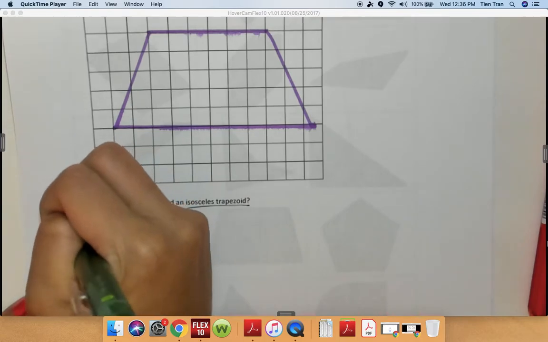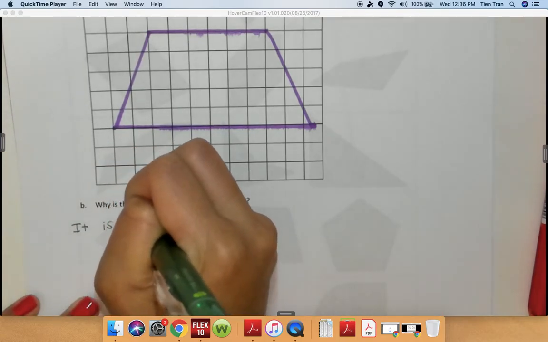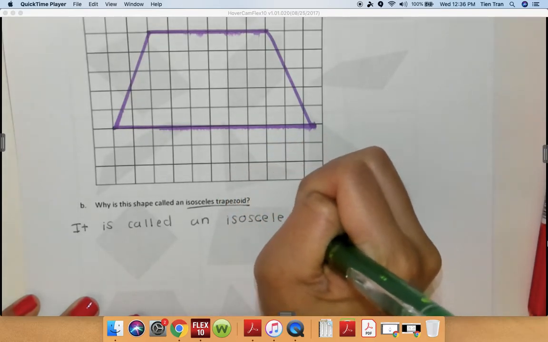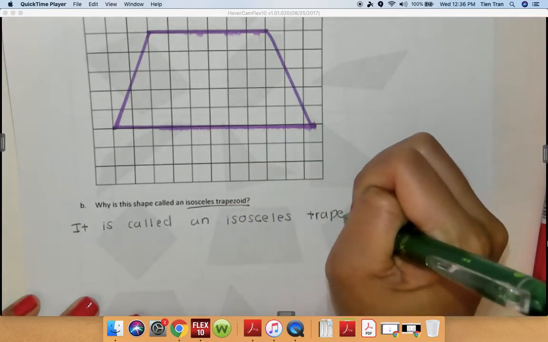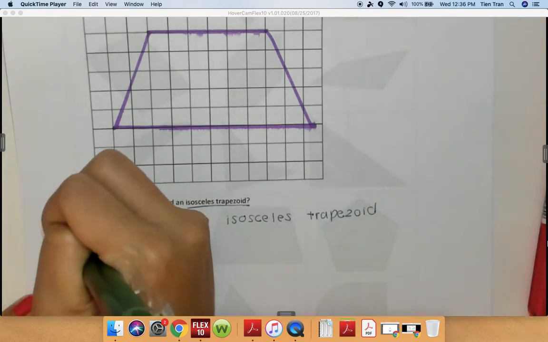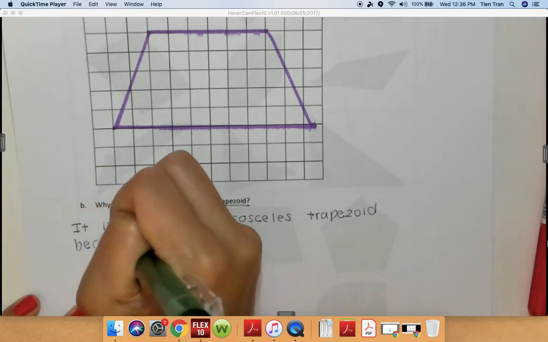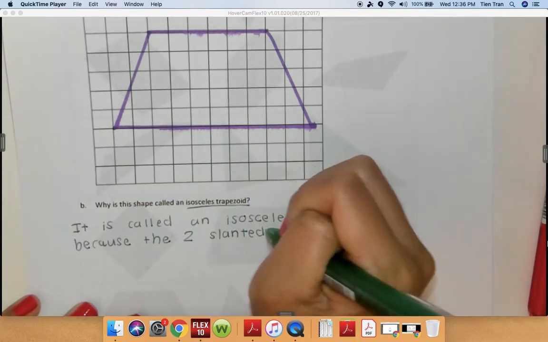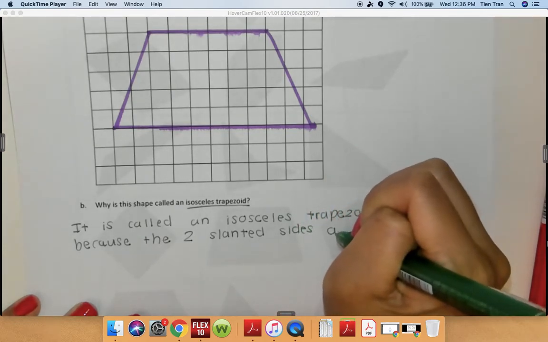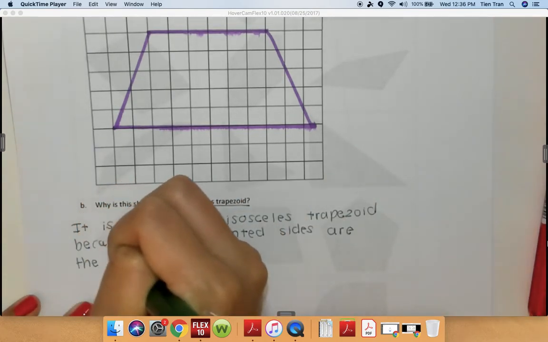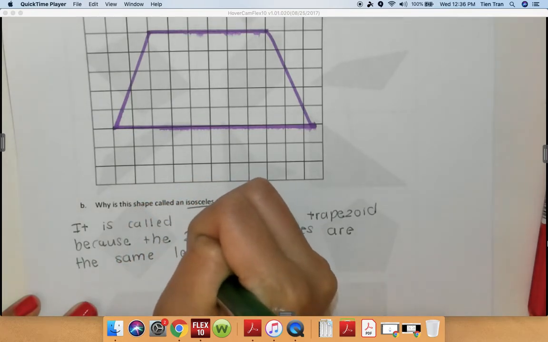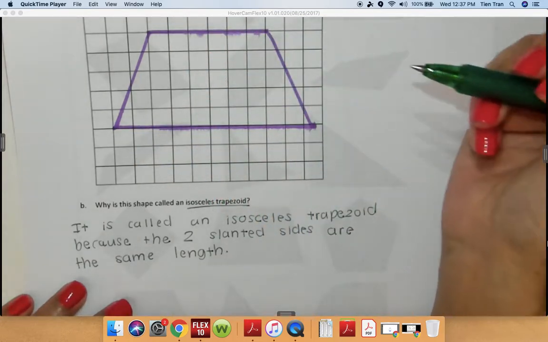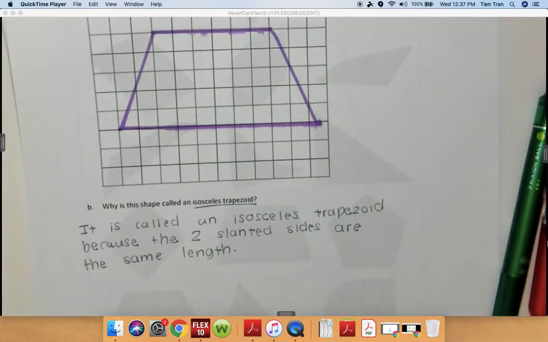So it is called an isosceles trapezoid because the two slanted sides are the same length. Okay, so if you notice, they have the same length, so they are considered isosceles trapezoids.